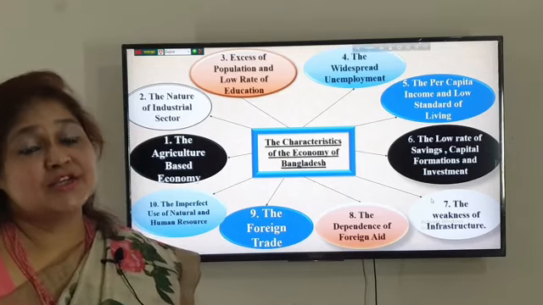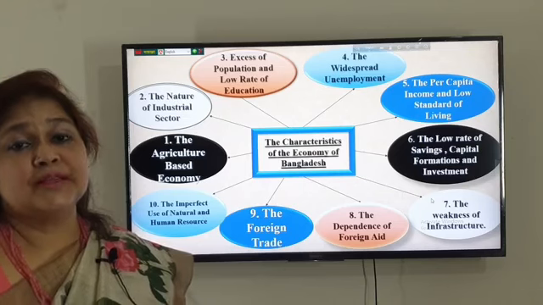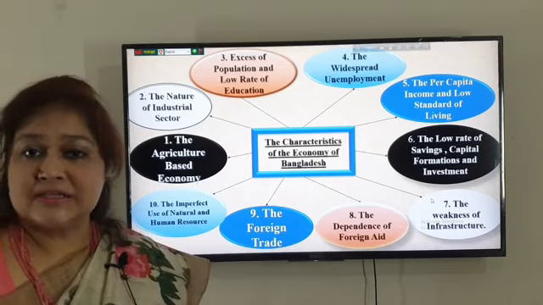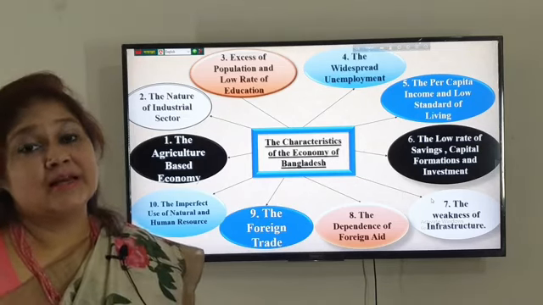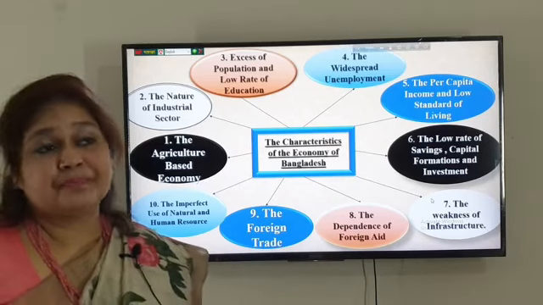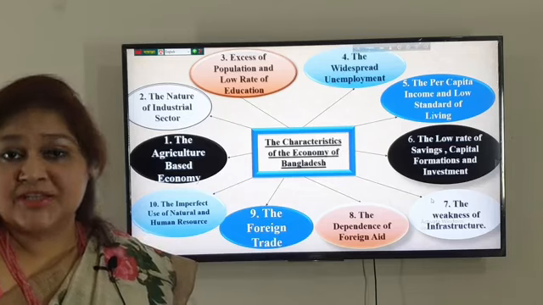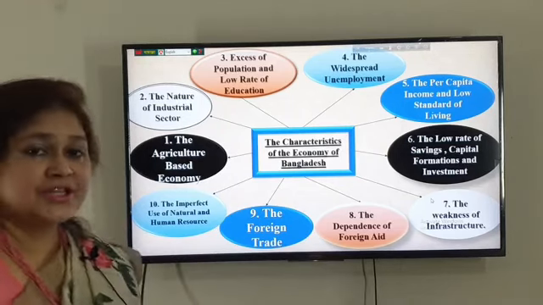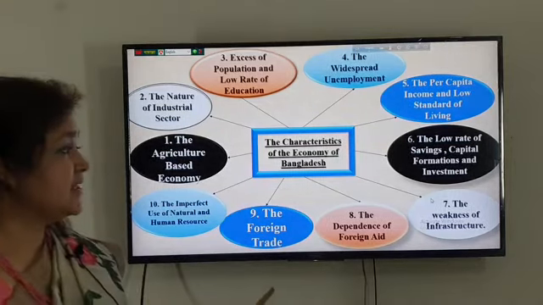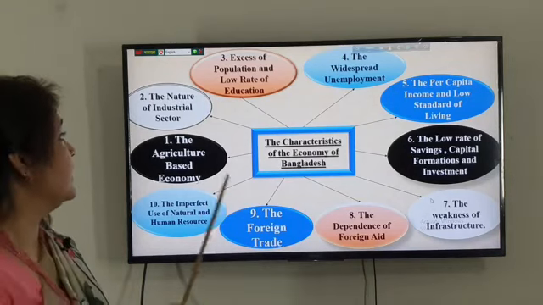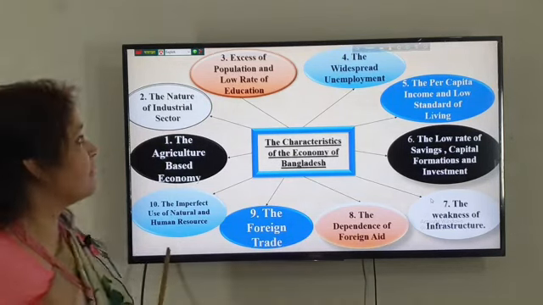And the industrial sector is formed with heavy industries, medium scale industries, small industries, gas, electricity supply, water supply, communication etc. All together form the industrial sector.